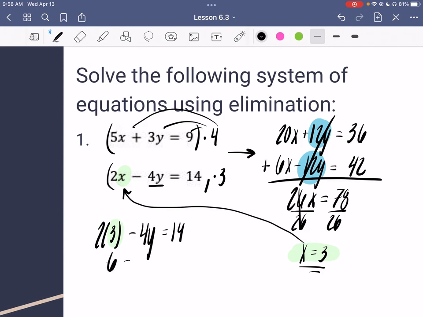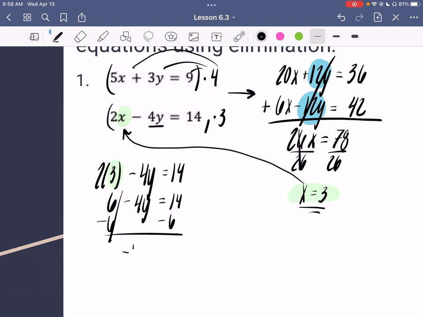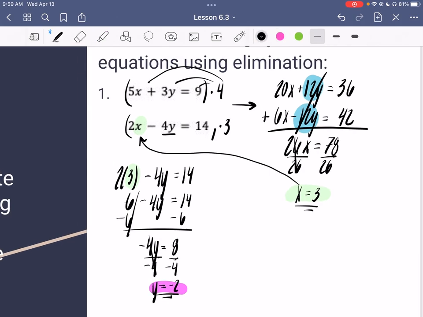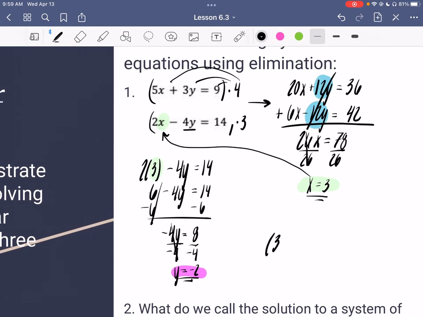Okay, 2 times 3 is 6. I'm going to subtract that from both sides. So I get negative 4y equals 8. Divide both sides by negative 4, and I get y equals negative 2. So I've solved for both of my variables. I write my answer as a point of intersection. So 3, whoopsies, negative 2.